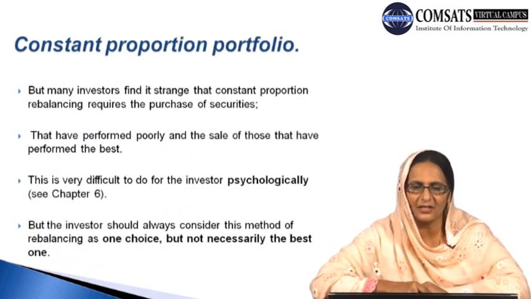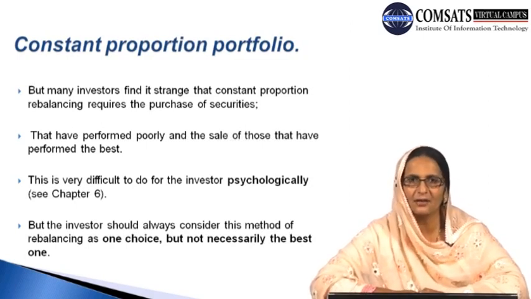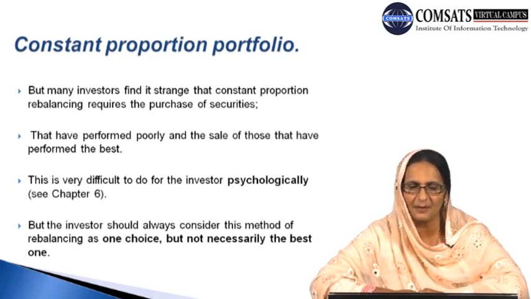But many investors find it strange that constant proportional rebalancing requires the purchase of the securities that have performed poorly and the sale of those that have performed the best. This is very difficult for investors psychologically. See chapter number 6, where the psychological aspect and emotions are also important in this respect.